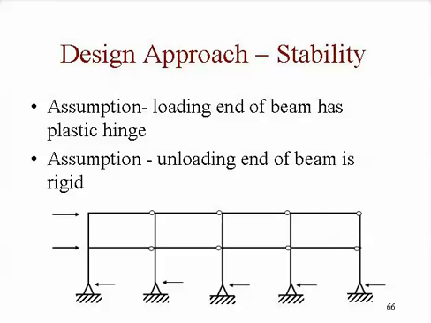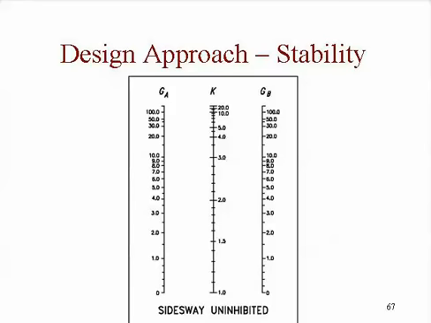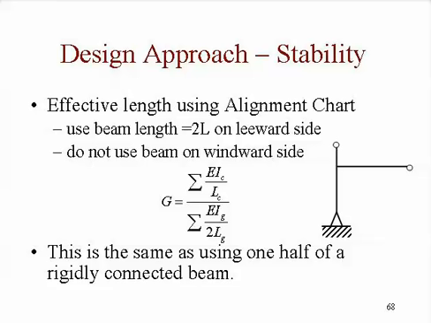If we assume that the loading end of the beam has the plastic hinge and the unloading end of the beam is rigid, this is the model that we have. So these are the same pins that we had before in that simple system. If we use the alignment chart, we can get an effective length factor. And when you have a beam where the far end is pinned, in the stiffness ratio, you use twice the length of the beam.